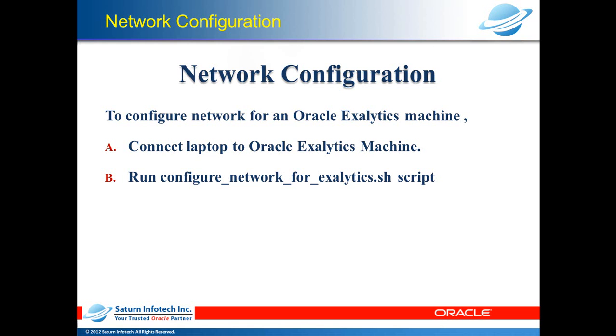We need to connect the laptop to the Oracle Exalytics machine using a Telnet or SSH client program. Once we run it, the script performs checks of the installed hardware and enables you to configure network interfaces.